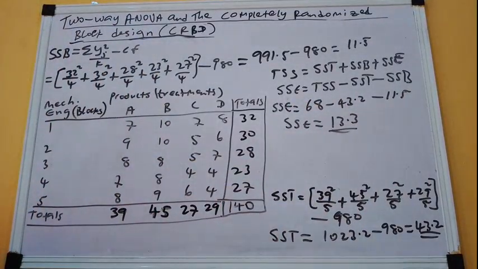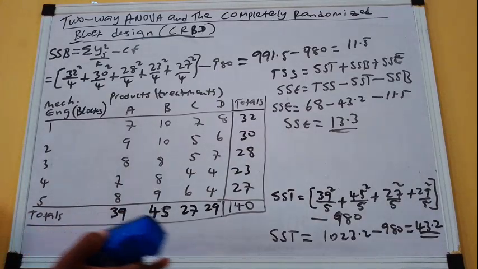So we have been able to get all the sums of squares. The third step now is to construct the two-way analysis of variance table.